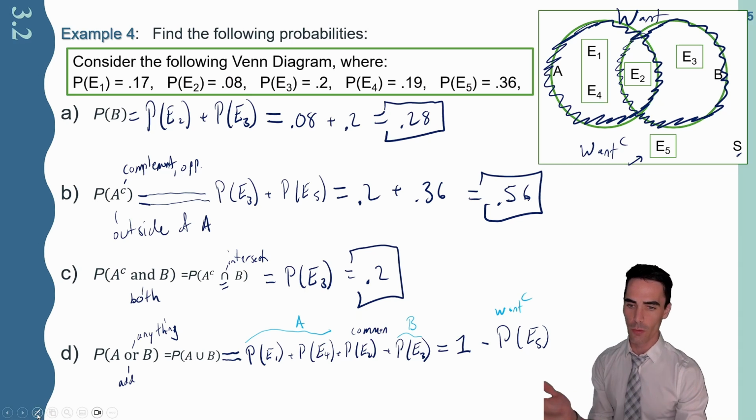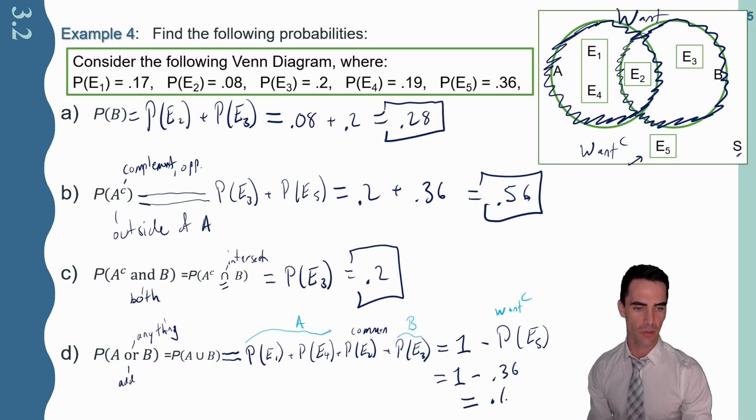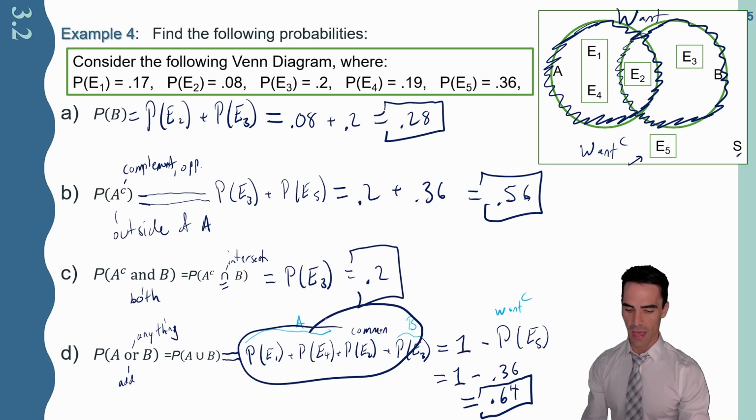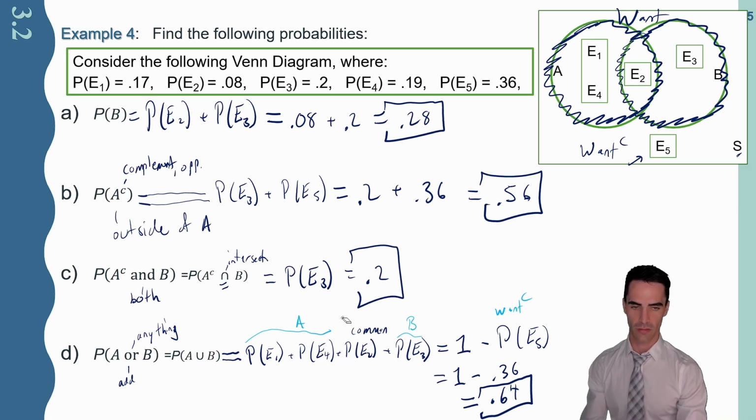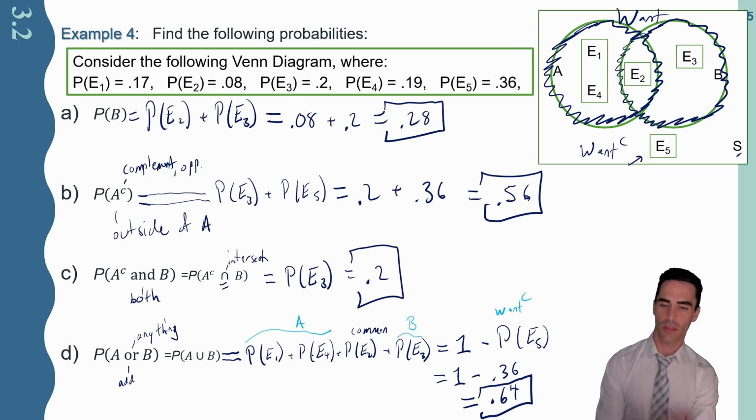And so I can simply remove what I don't want here. And so the probability then, again, a little bit easier to calculate. We do so down here. It should be 1 minus E5. That's 0.36. So as a probability, that should be equal to 0.64 or 64%, which would be the exact same thing you'd get if you added up those four probabilities. Exact same answer. One is just a little bit more long-winded than the other. There are many ways to evaluate probability here.